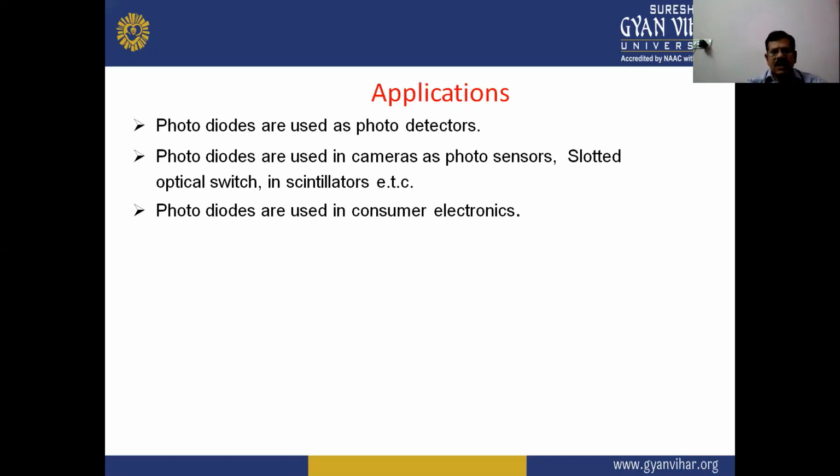And there are some applications of the photodiode. One application is that photodiodes are used in photo detectors, and second, photodiodes are used in cameras as a photo sensor, and in slotted optical switches, scintillators, etc. And next, photodiodes are used in consumer electronics.